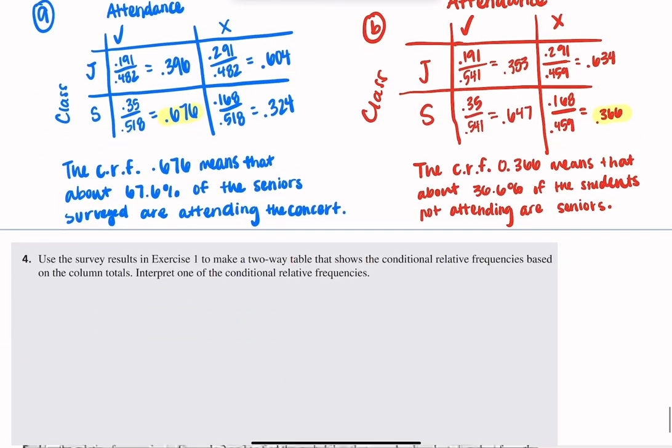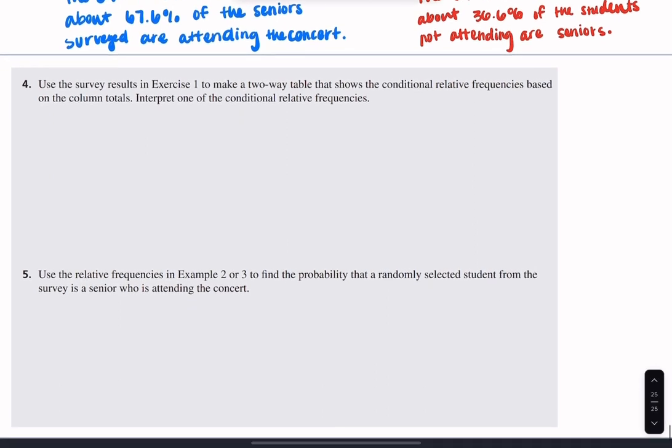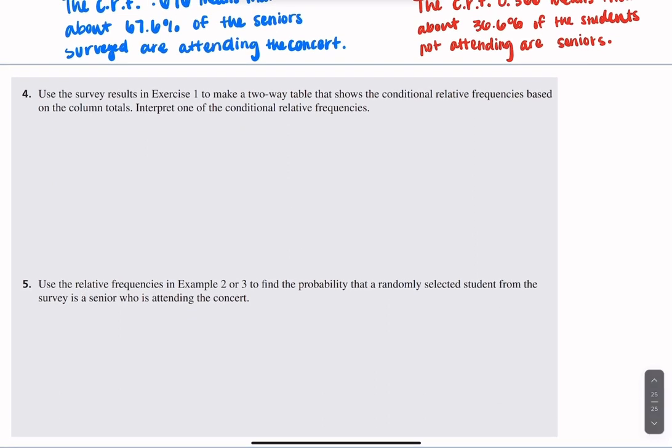All right, for the self-assessment, instead of making you make your own two-way table, we will just skip number 4. But I do want you to pause and take about 2 minutes to do number 5. All right, so we're checking.